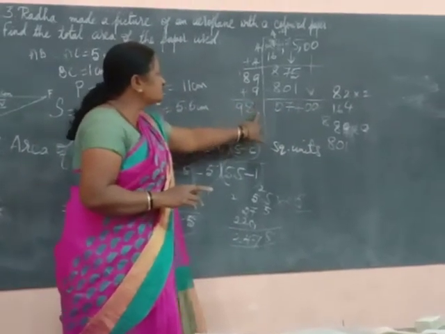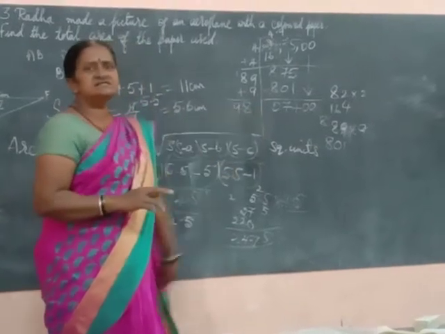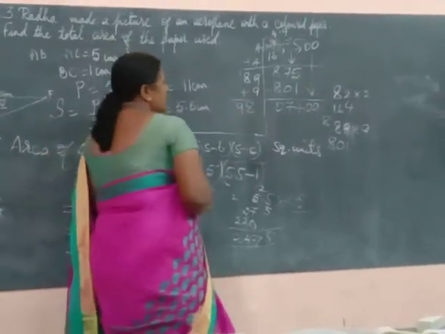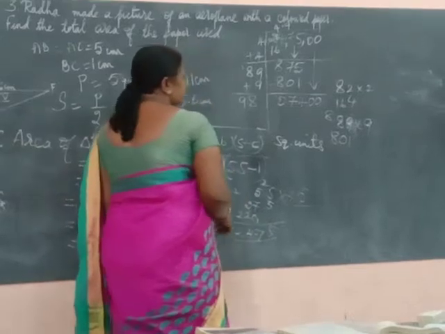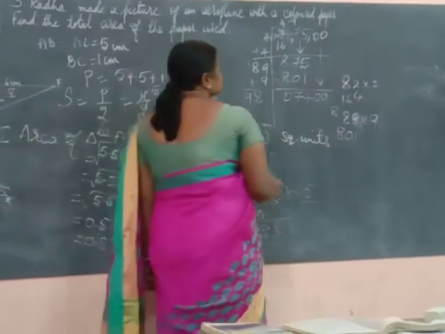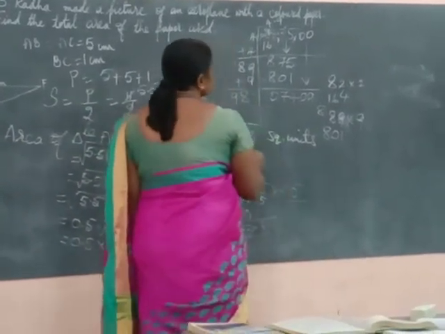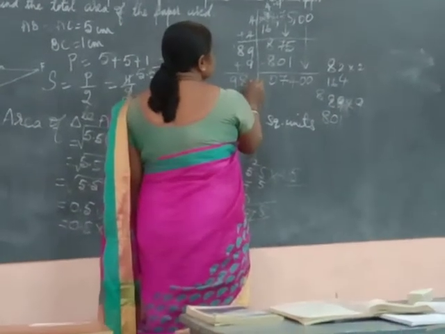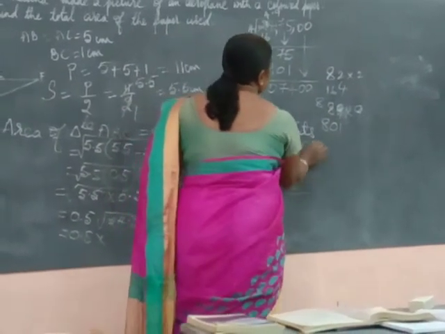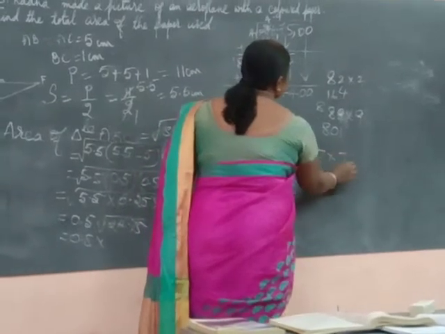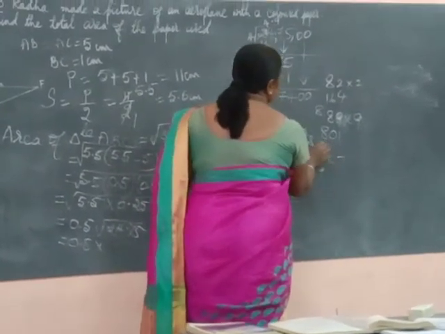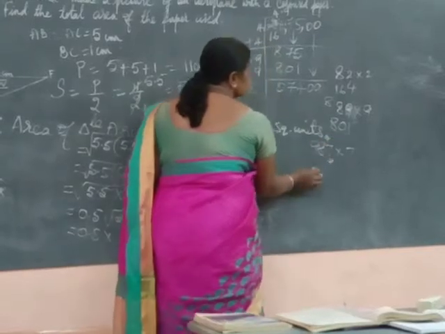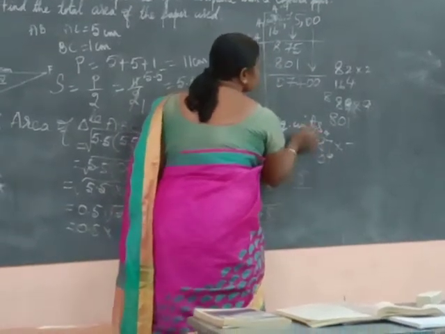In that way, we have to choose one digit here. What is that digit? 1, no, 1 is a very small number. 7. Again 9 nines are 81. Let us try 7. 7 7s are 49. 7 8s are 56.